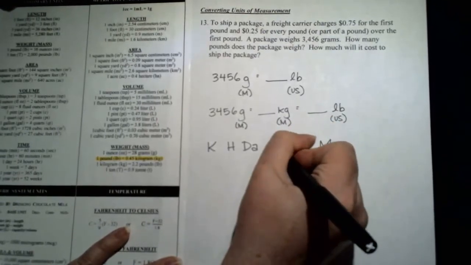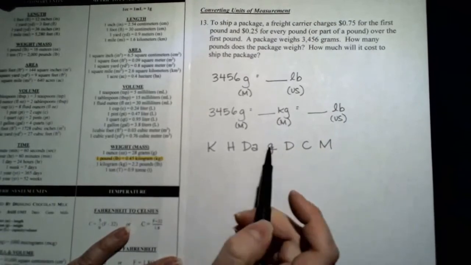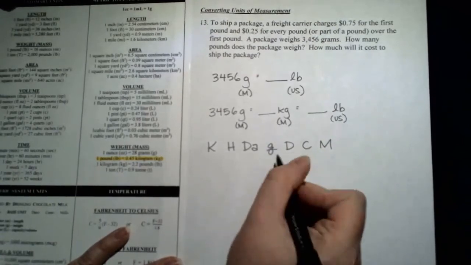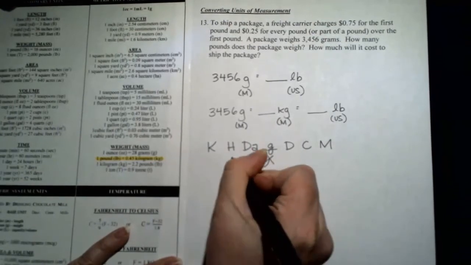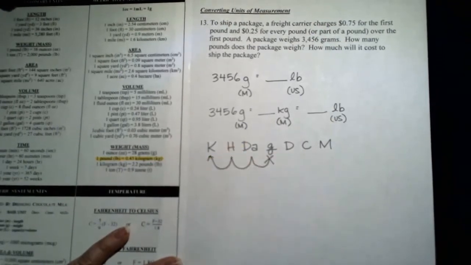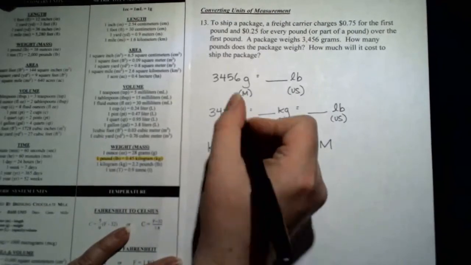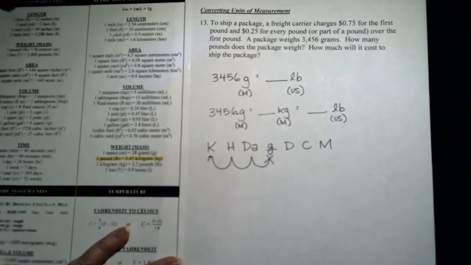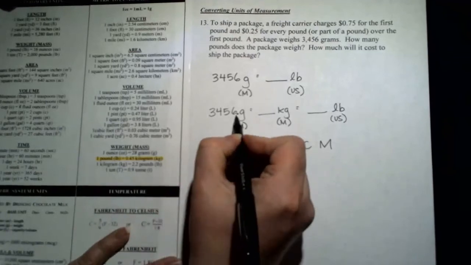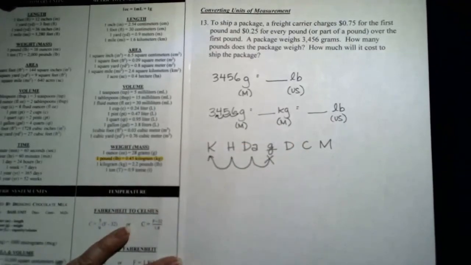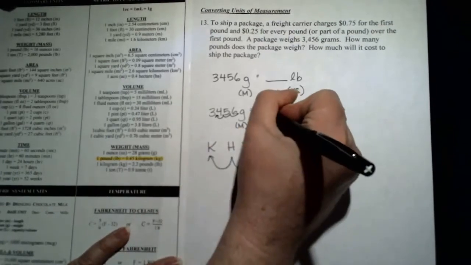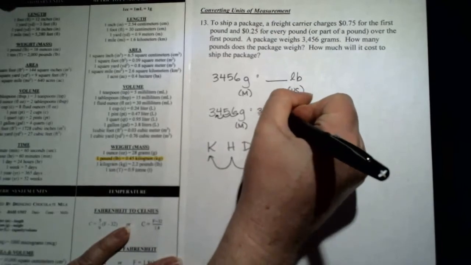My base unit is the gram, and I want to change it to kilogram. So I'm starting here, and I need to move 1, 2, 3 places to the left. I'm starting in the back of the 6, and I go 1, 2, 3 to the left. That puts it between the 3 and the 4, and now it's 3.456.